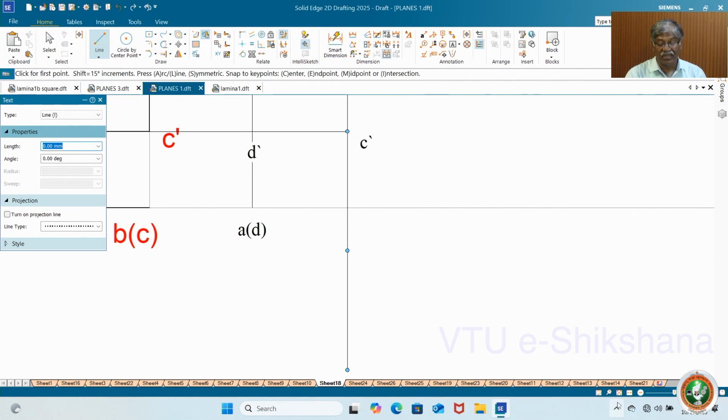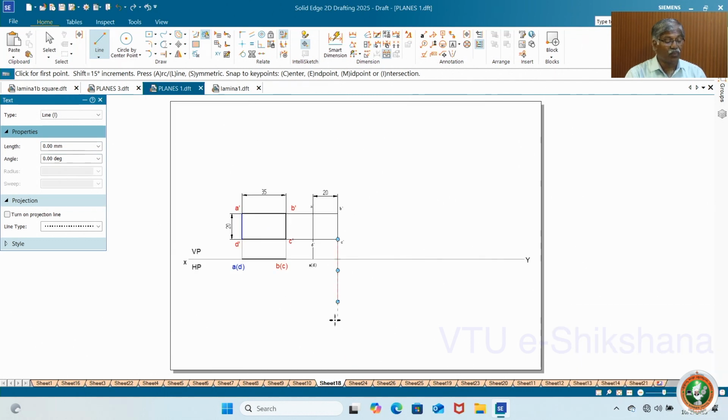You know the top view length. Top view length is exactly 35. In a regular problem you move and rotate, but here you need not do it. Directly take 35, because otherwise you will measure this front view length if it is a pentagon or other different types of problems. Here it is direct 35.